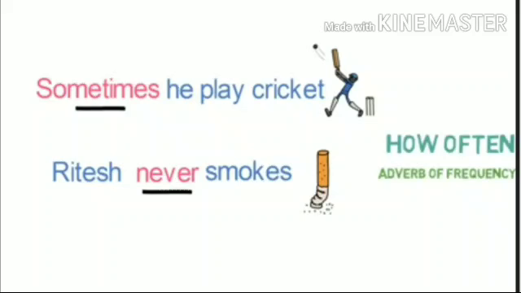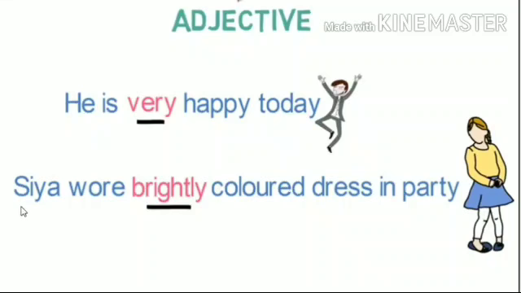Now let us look into the adverbs that describe adjectives. The first sentence we have here is, he is very happy today. If you look at this sentence, the word happy is an adjective because it is describing the pronoun he. He is very happy.